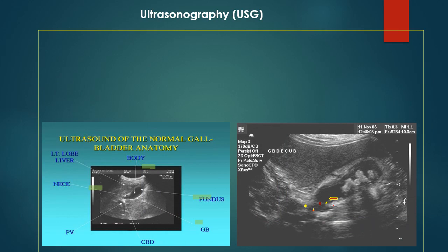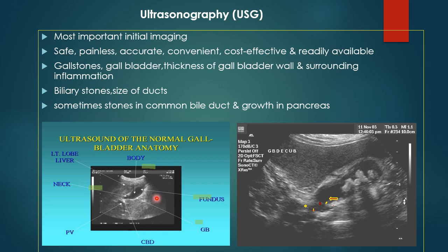Next we come to the ultrasonography, or USG. Now ultrasound has become the most important initial imaging method because of the following favorable conditions: safe, painless, accurate, convenient, cost-effective, and readily available in many centers.